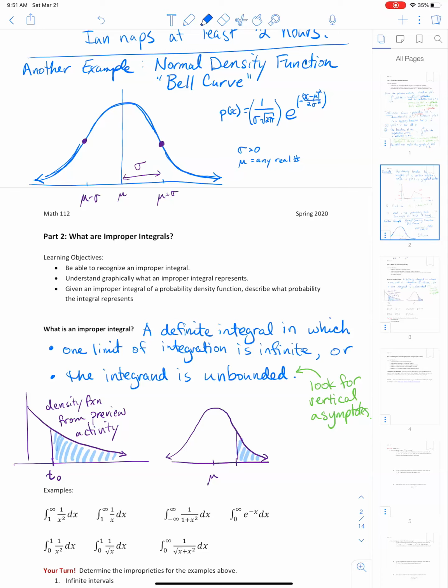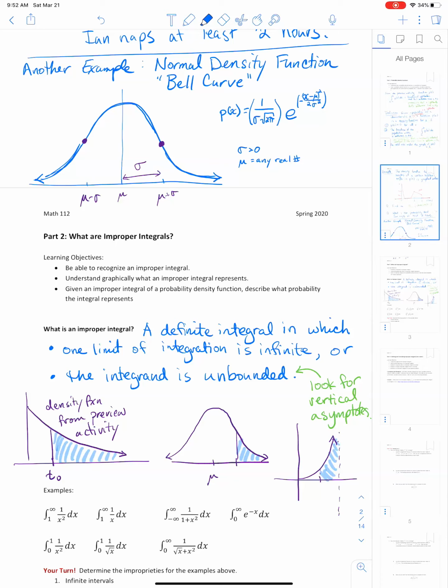Okay, and a third situation, let me just give you the cartoon for a third situation here. Perhaps we have a function that has a vertical asymptote somewhere. And so maybe in this particular case, if we wanted to find the area that I'm shading here right now, this would also correspond to an improper integral.